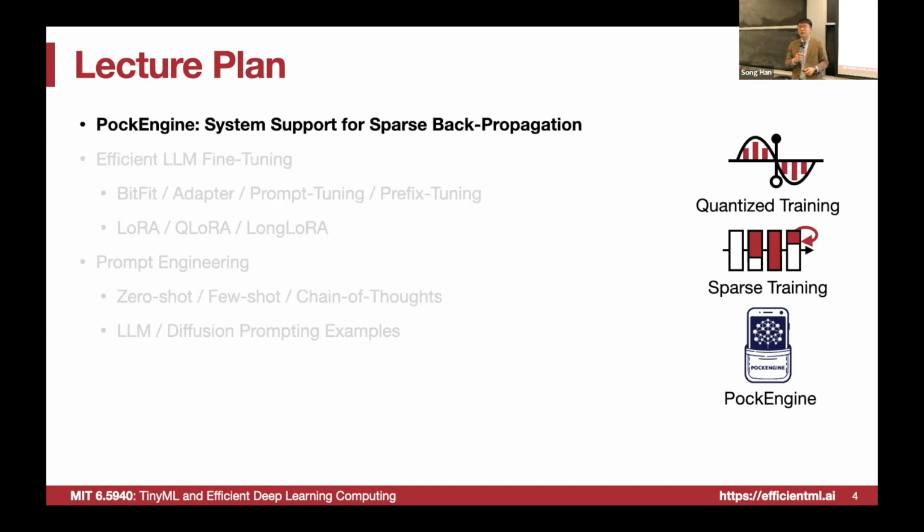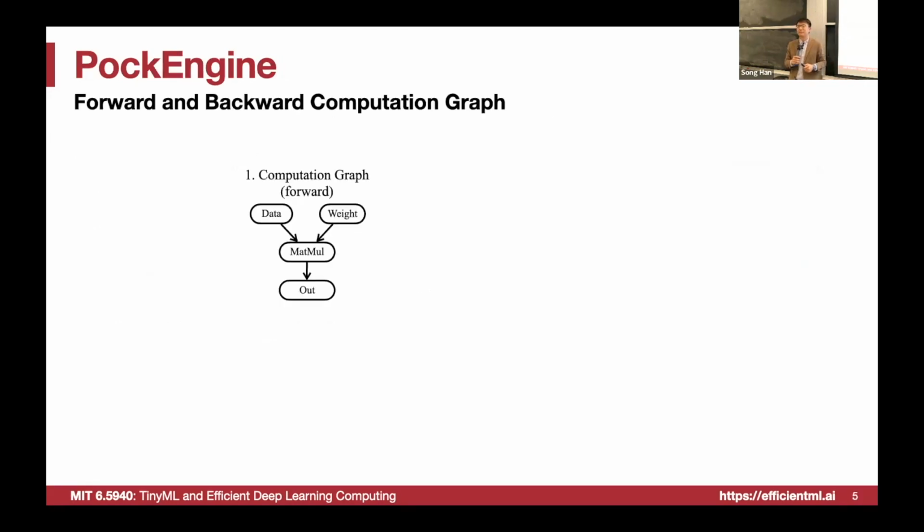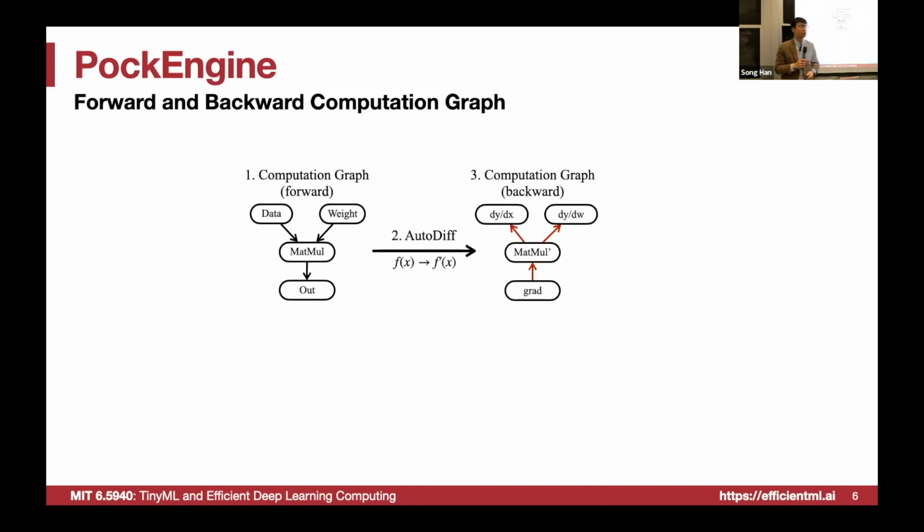Okay, so let's get started with the first part, which is PockEngine, system support for sparse backpropagation. So when we are doing fine-tuning, we want to cover both the forward and also the backward computation graph. Starting with a forward computation graph, we need to perform auto differentiation to get the backward computing graph.